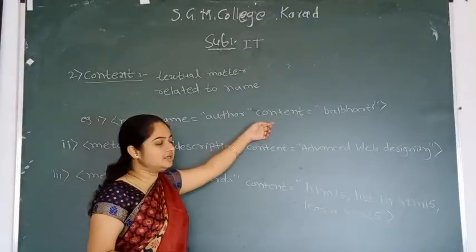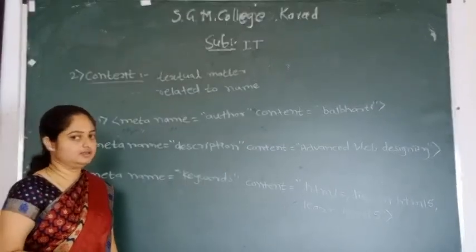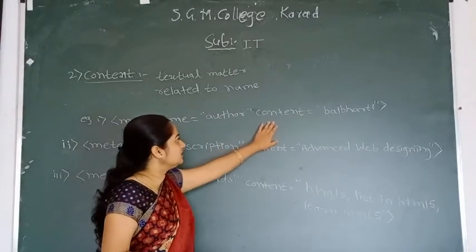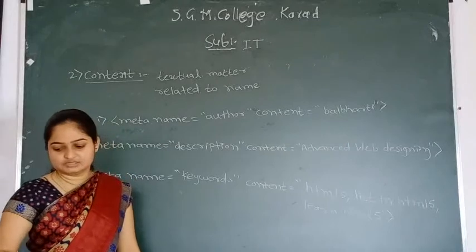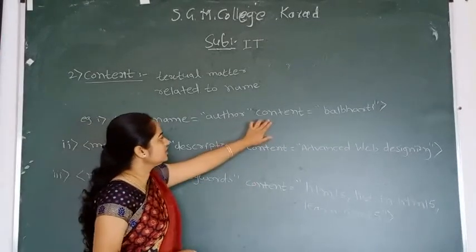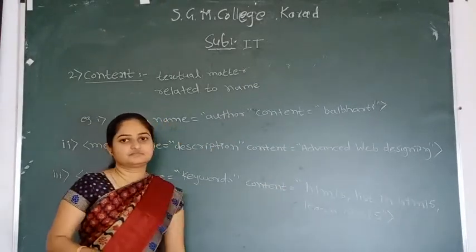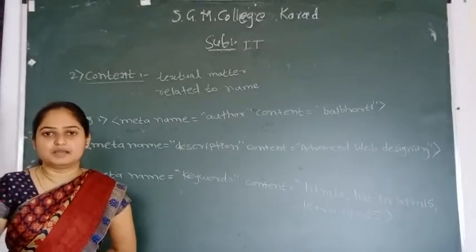Then content is also an attribute of a meta tag. Here this line shows the value of the content attribute, meaning the content of author is Balbharti.